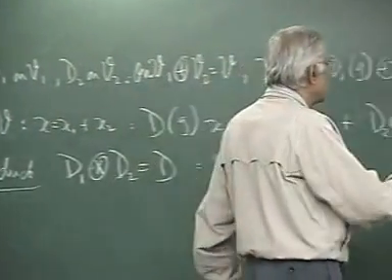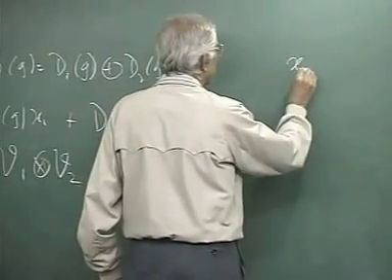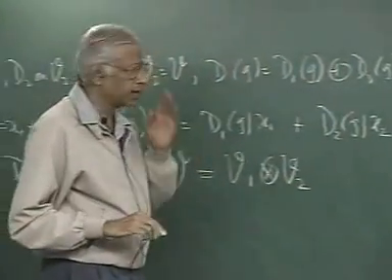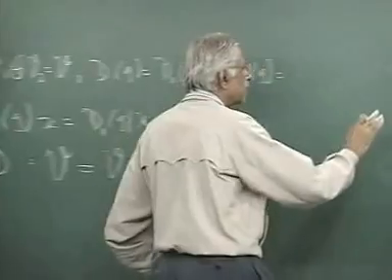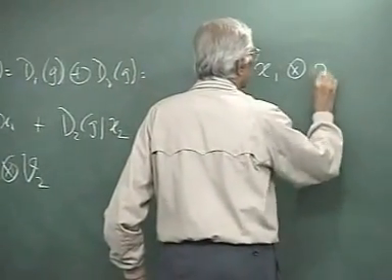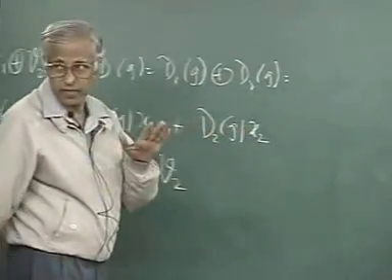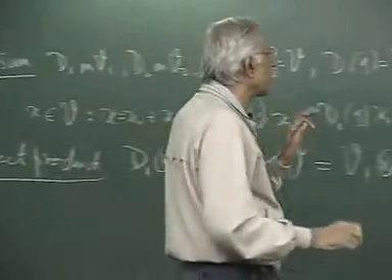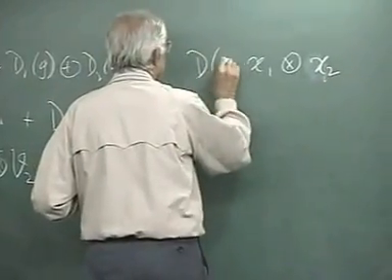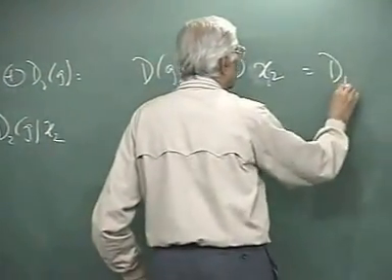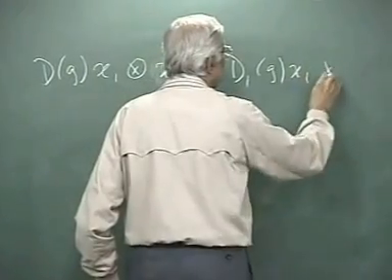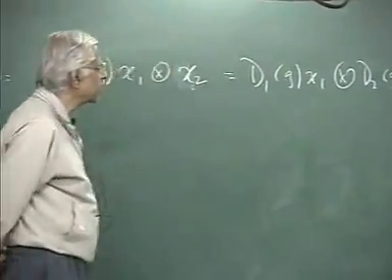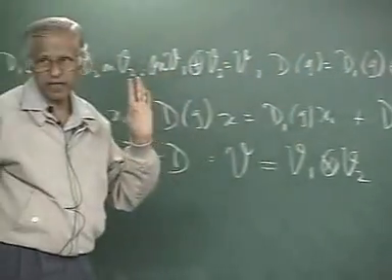But what you now do is the following. You say, if I take a special kind of vector, x1 in V1 and x2 in V2, this is not the most general vector, it's a special kind of vector. First you say the definition of the direct product representation is such that on these special product type vectors it acts in a very simple way.